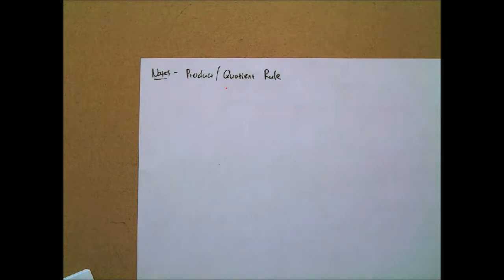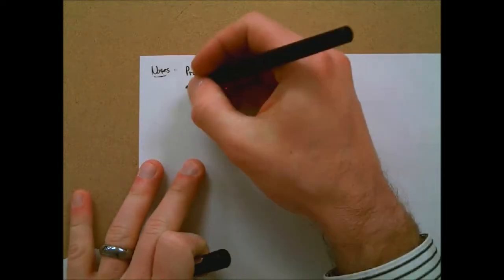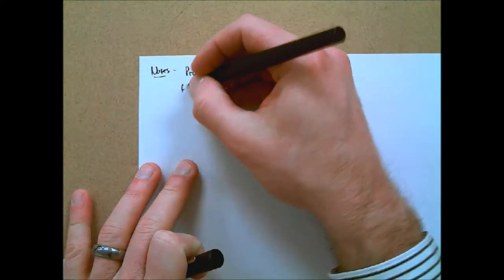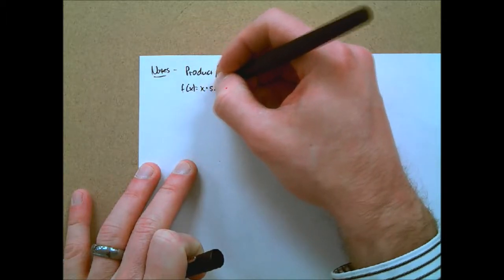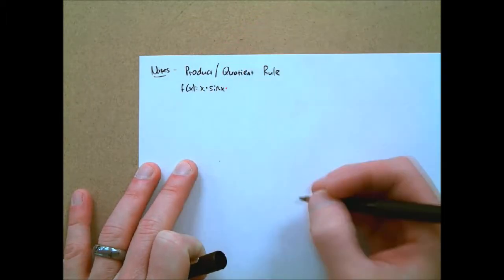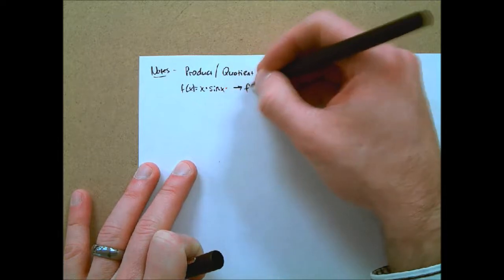But sometimes we'll run across other things that we want to take the derivative of. For example, what is the derivative if we have f of x equals x times the sine of x, and we want to know what f prime would be?